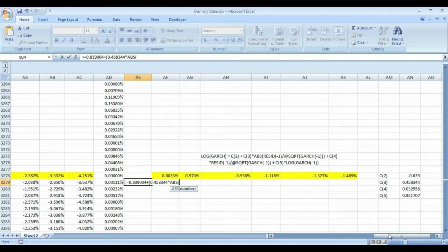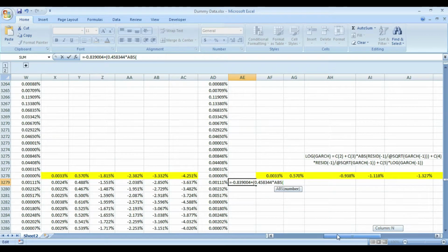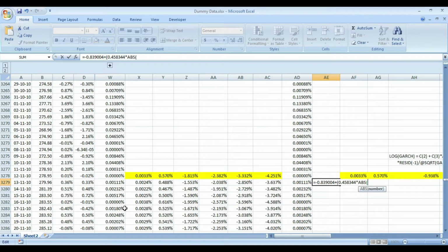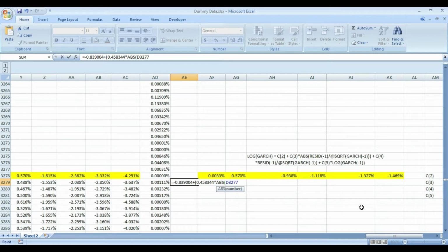So our residuals are probably this, because this cell is residual square, so this is residuals. So t minus 1, then divided by standard deviation t minus 1 data point.